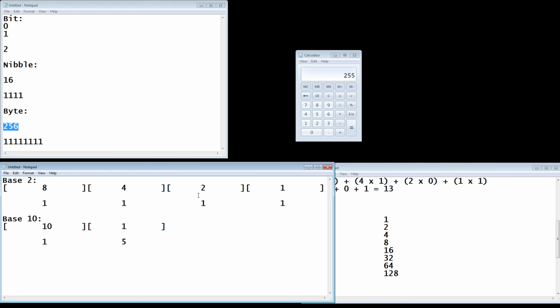Since binary is a different representation that needs to be converted to base 10 to be read by us, it's a little bit more difficult. But I hope this has helped you understand a little bit more about binary.